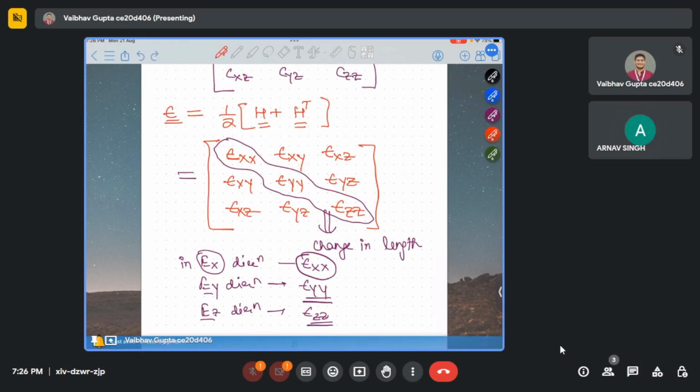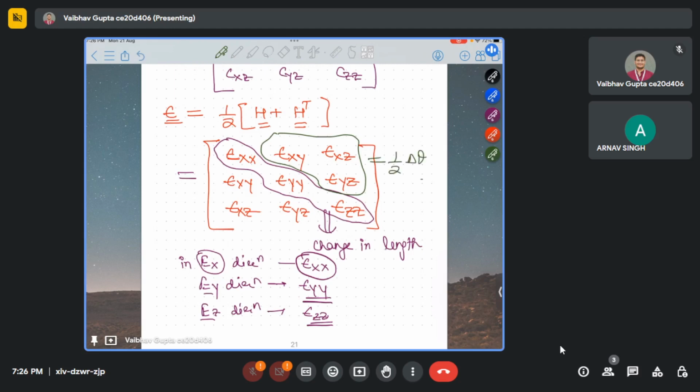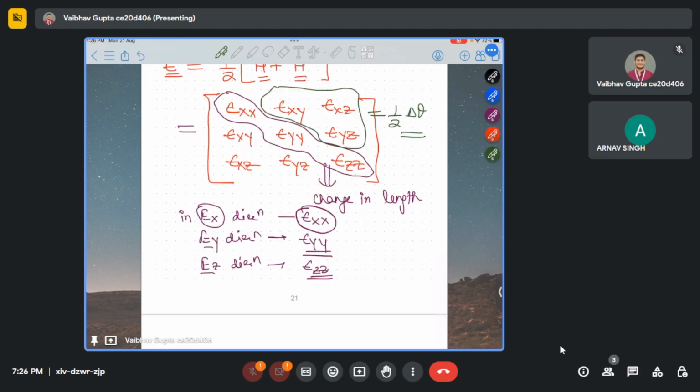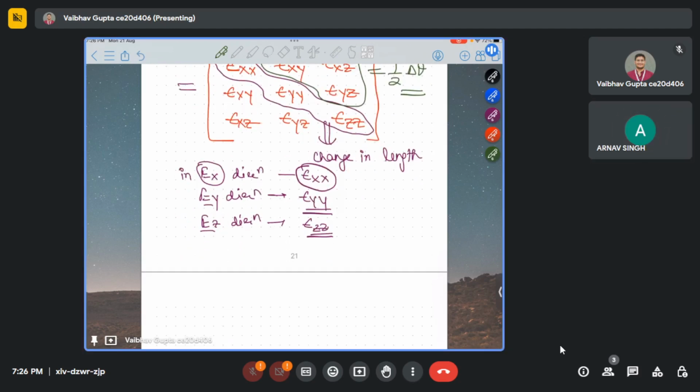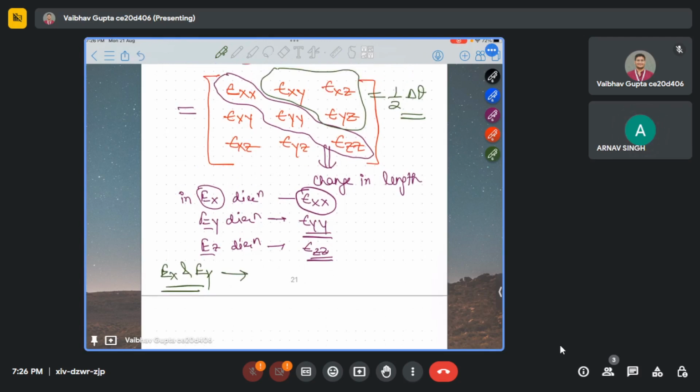And all the non-diagonal terms, in a different color, are nothing but half of delta theta, the angle change. If someone asks what is the angle change in the EX, EY direction, it is twice epsilon XY.